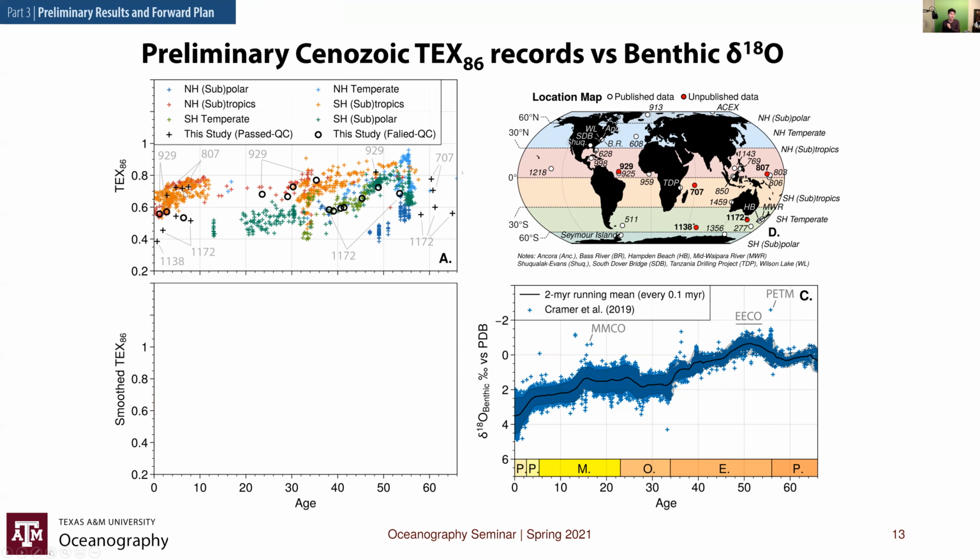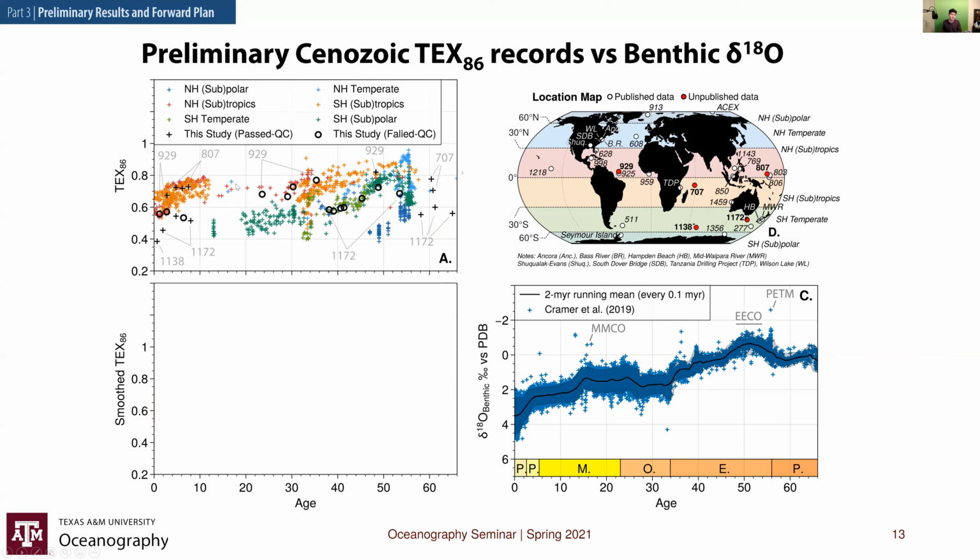Similarly, in the tropics or low latitudes, for example, the data from site 929 here and site 807 here. 929 comes from the tropical Atlantic and 807 comes from the Western Pacific warm pool, and they also show an alignment with what the published data shows us from the tropical regions, which have relatively higher TEX86 values compared to the higher latitude regions.